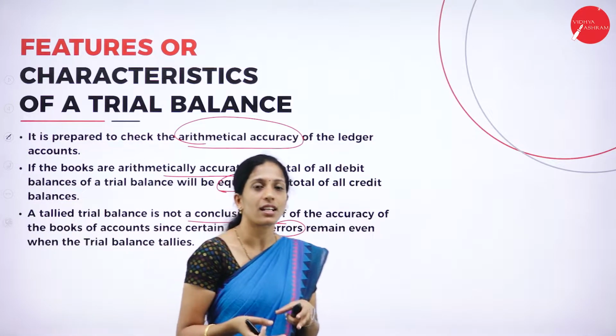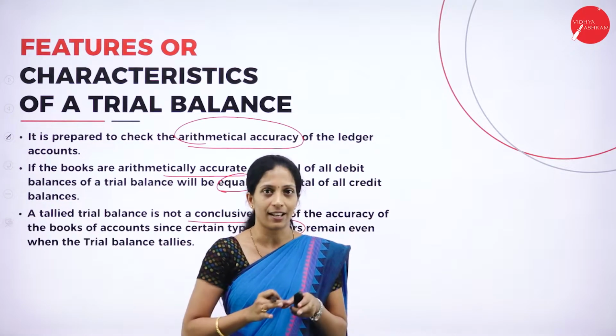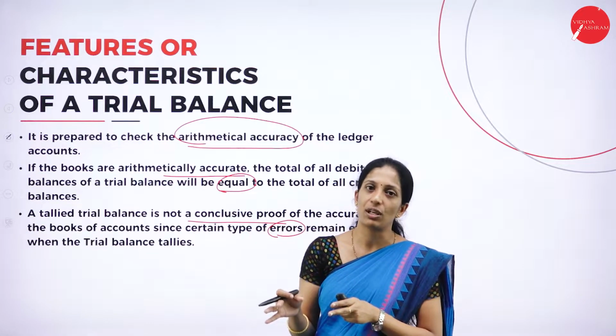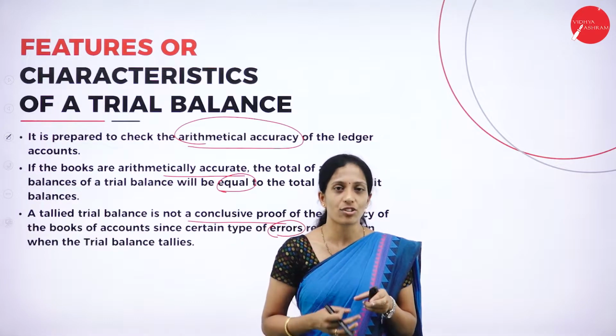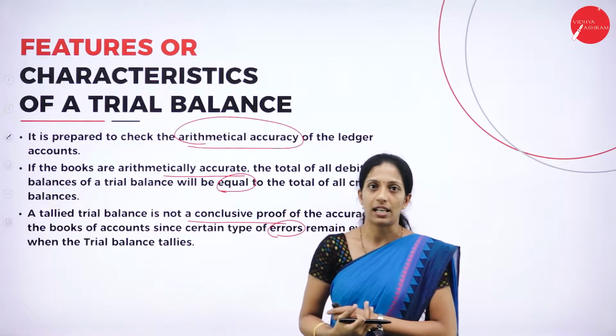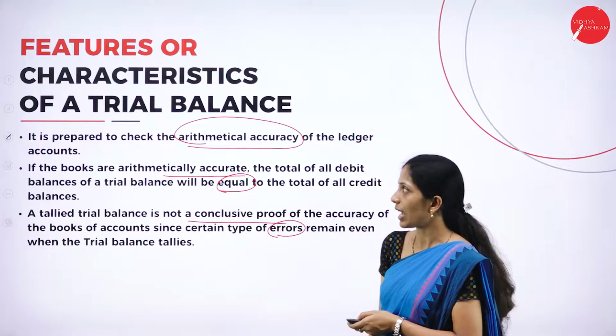There may be certain errors which are made unintentionally. Even though the trial balance debit as well as credit will be equal, it doesn't mean that it is actually accurate. There may be chances that due to some errors the trial balance might have tallied. So these are the few features or characteristics of trial balance.